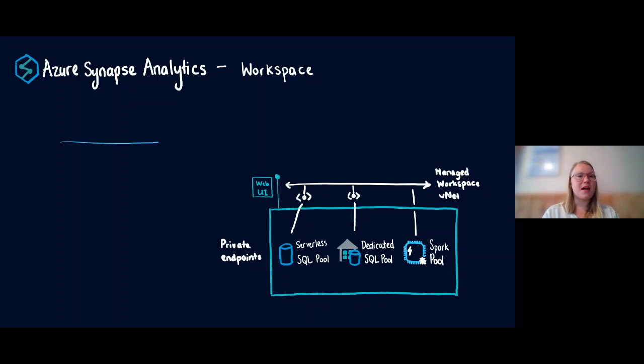So this might also be the kind of scenario where you want to have this web user interface linked so that you can use it from on-premises or from somewhere within Azure as well.